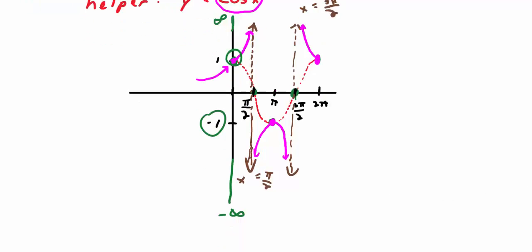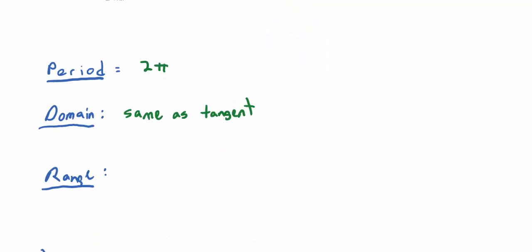So we could combine those two intervals together and say that the range in interval notation is negative infinity to negative 1. Does it include negative 1? Yes, it does. Then union, what would be the other one? 1 to infinity. Yep.